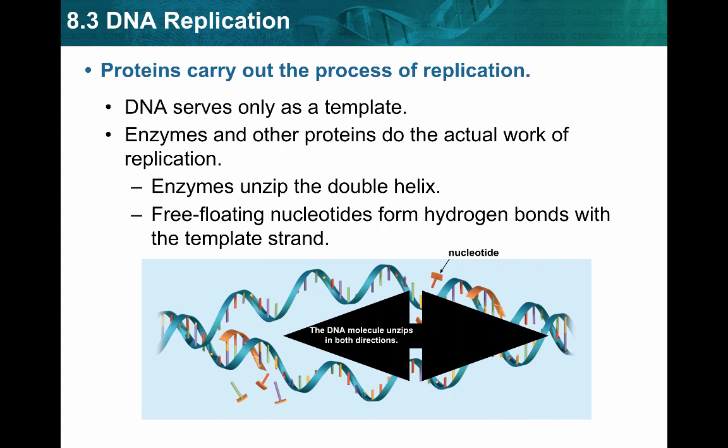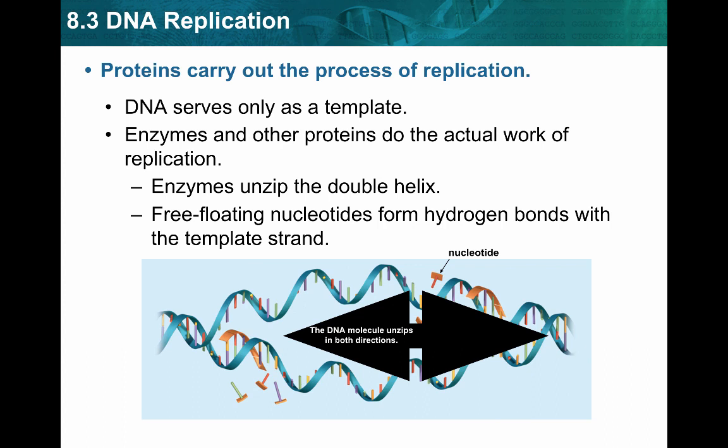What gets the copying done are other enzymes and other protein complexes that actually do the hard labor of replication. You have enzymes that unzip the double helix. That enzyme is referred to as helicase because it breaks the double helix, right? Helicase. And then you have nucleotides that are floating around in the nucleus. They're called free-floating nucleotides.